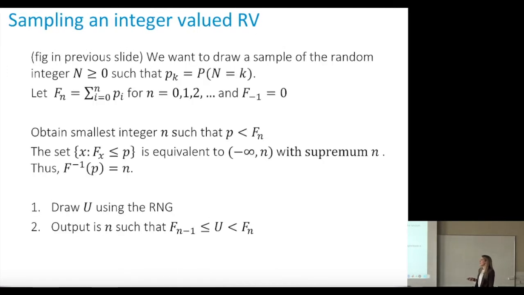So we draw, this is the explanation, we draw a u from the uniform distribution between 0 and 1 using the random number generator. And then we take the output, the random sample of the integer random variable we want, which is n, such that u is strictly less than F of n and higher or equal than F of n minus 1. Okay?